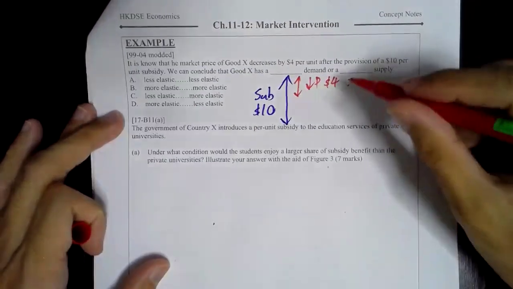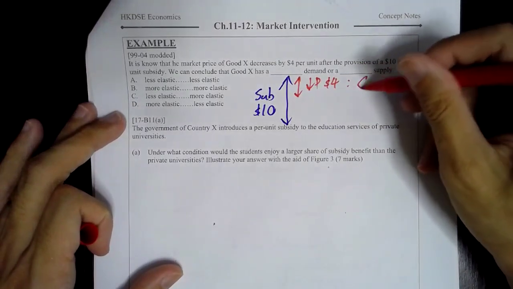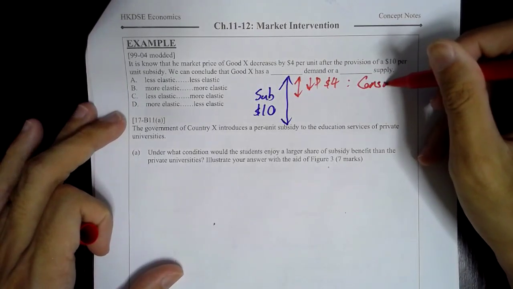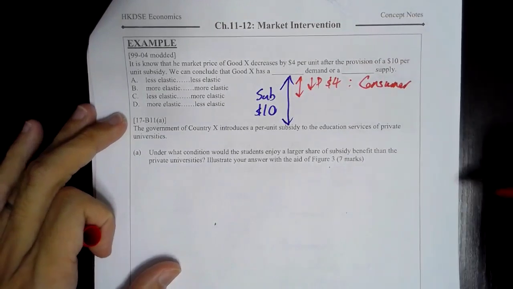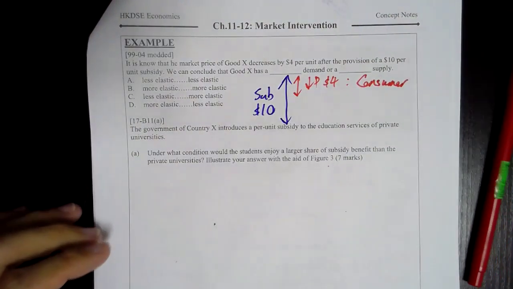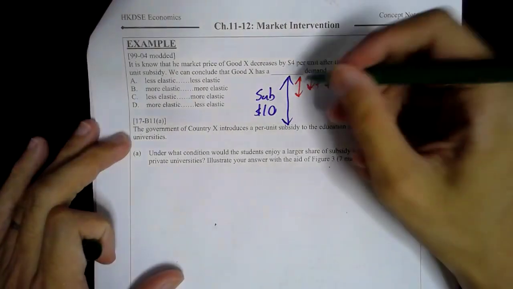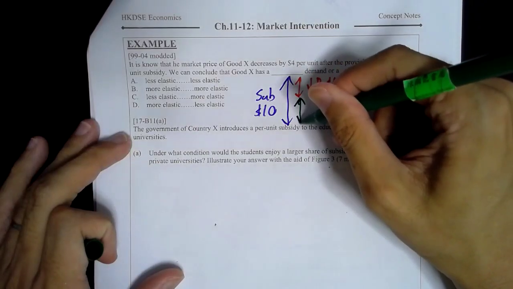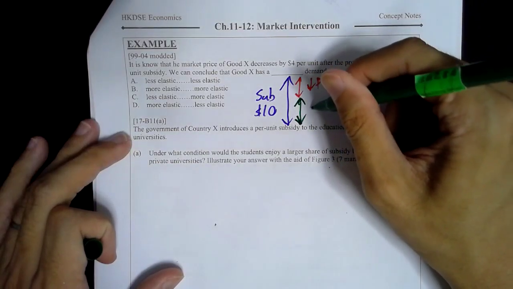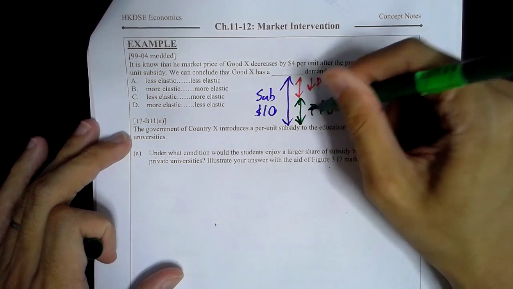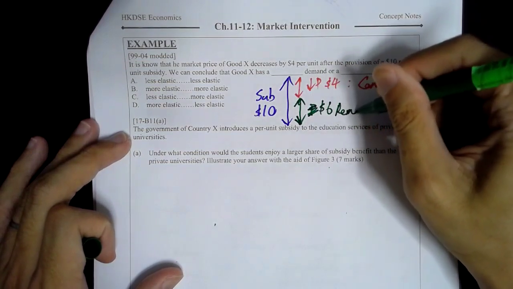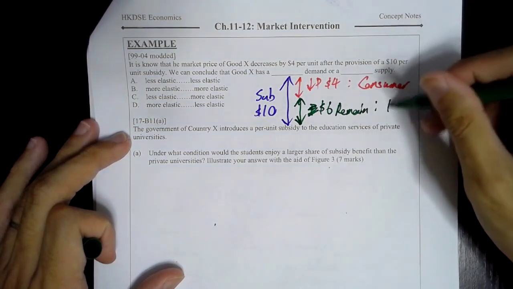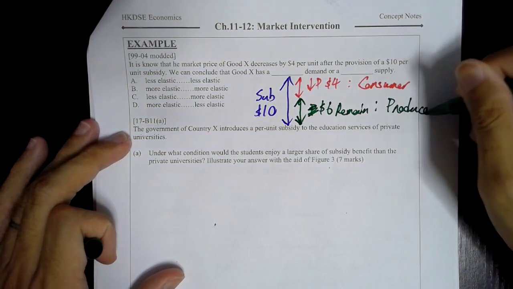Who benefits? If this is a decrease in price, then of course this is the consumer subsidy benefit. But the subsidy is $10 and we only took $4. So the rest of the $6 remaining will be our producer subsidy benefit.